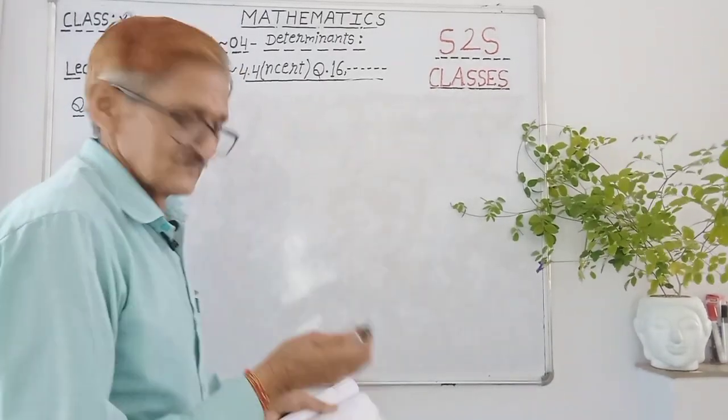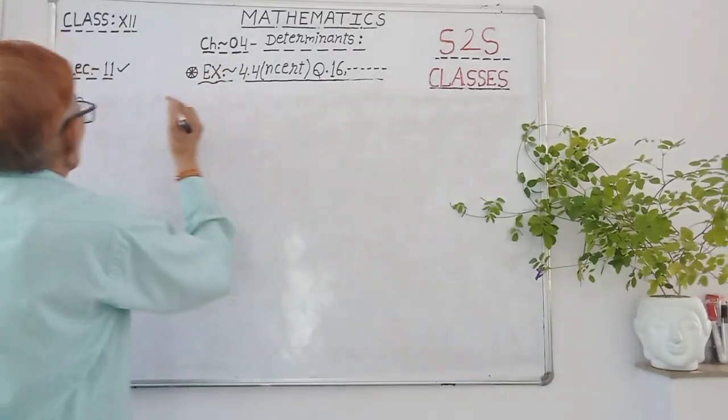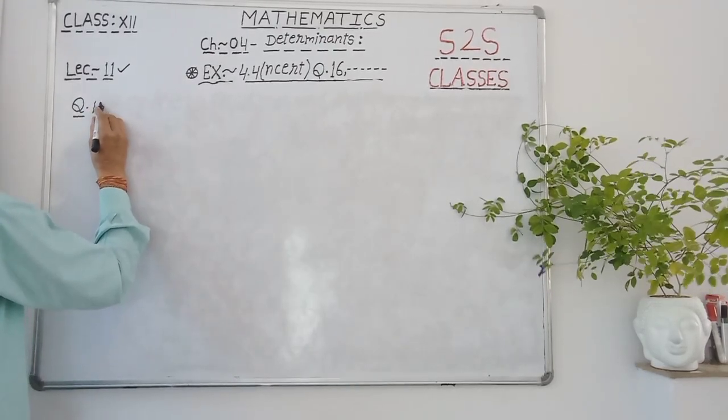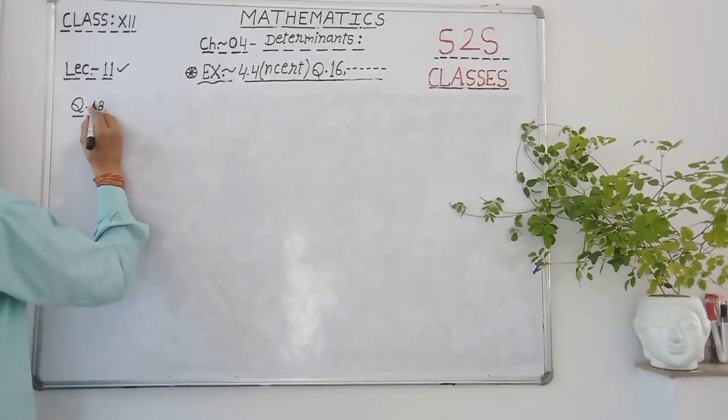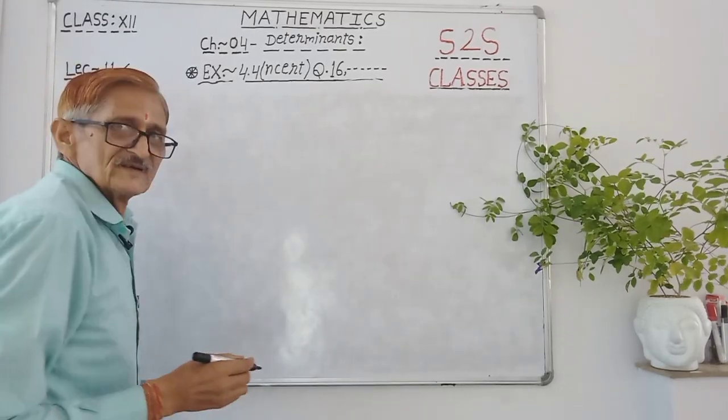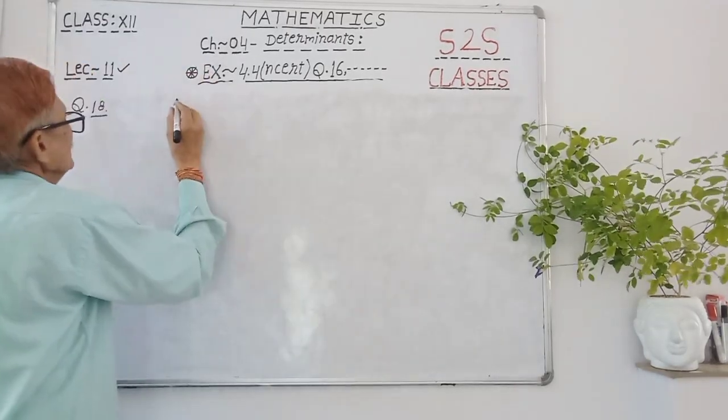A is an invertible matrix of order 2, meaning inverse exists. Invertible means inverse exists.